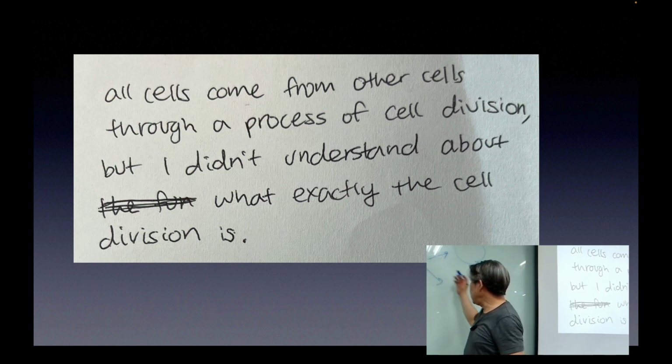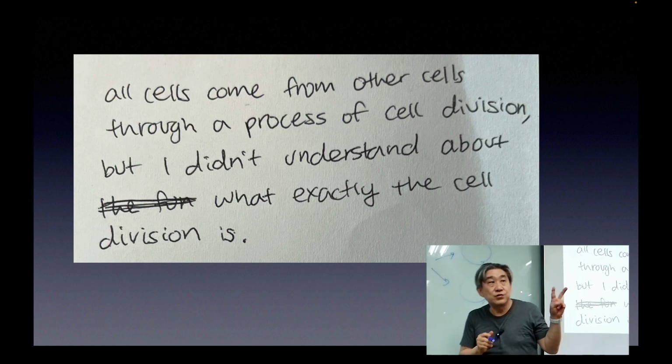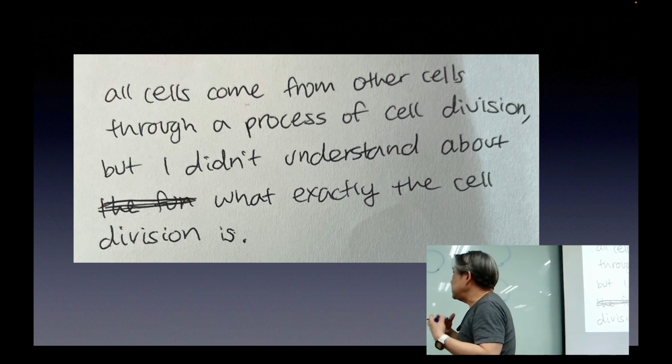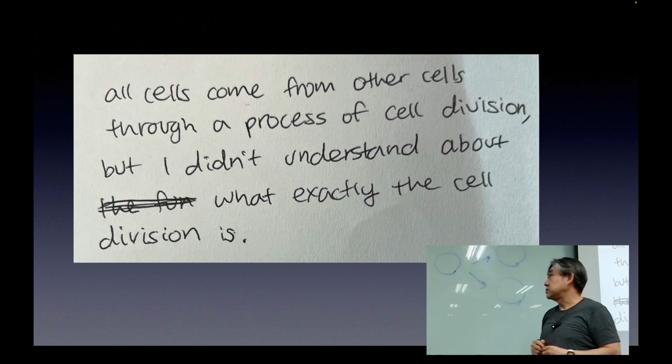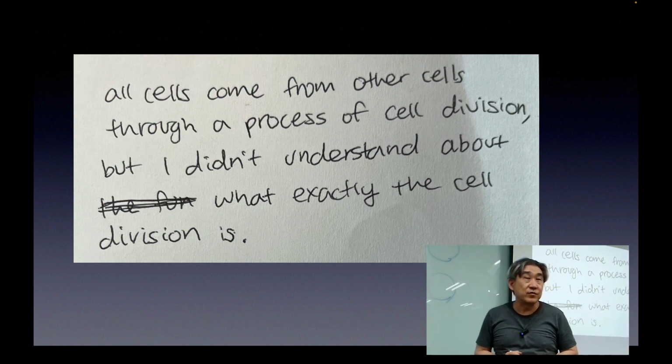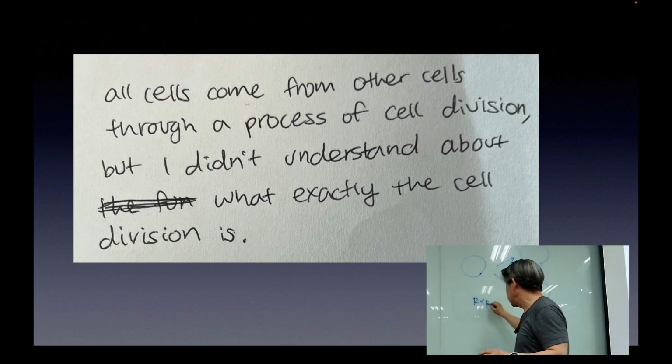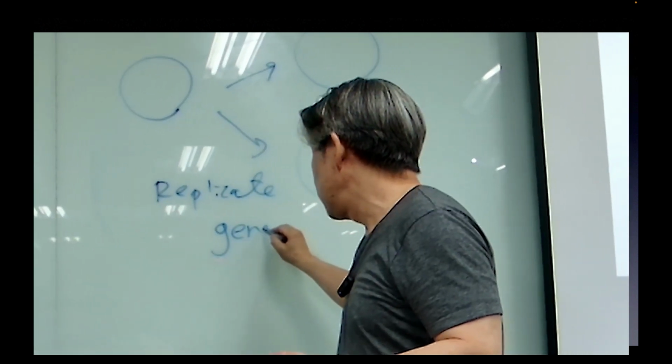But how does this cell divide? There are two components of cell division, and for any cell that needs to carry out cell division successfully, the first is you have to replicate your genome.